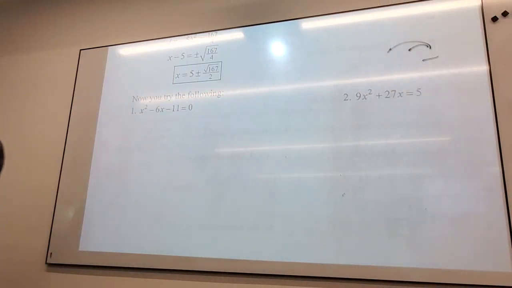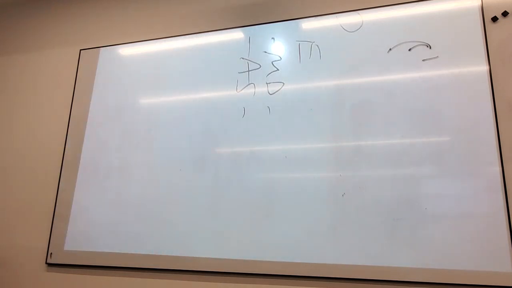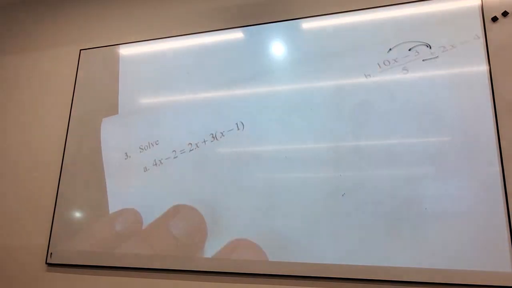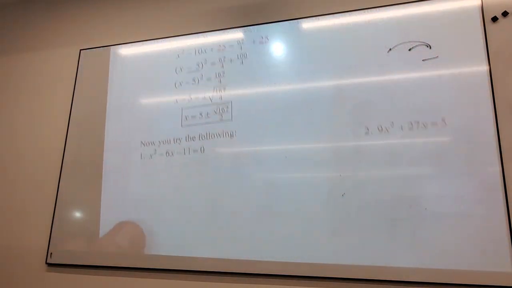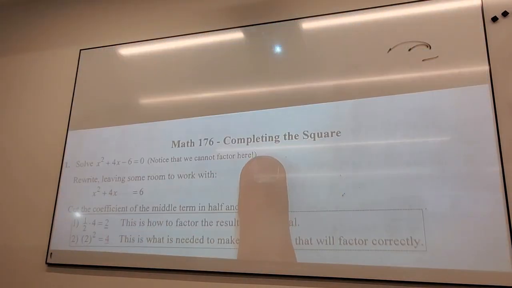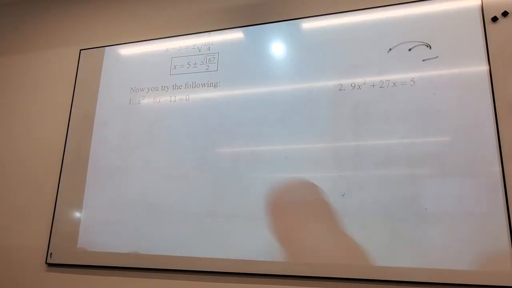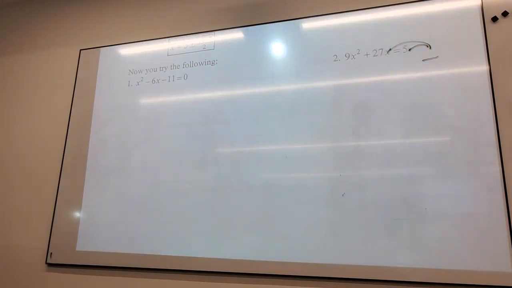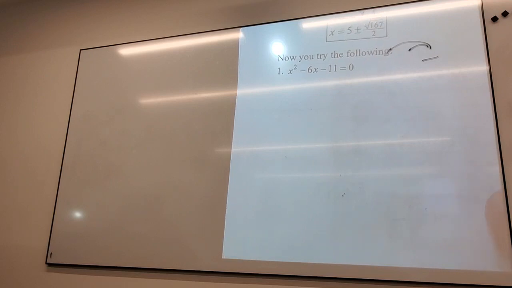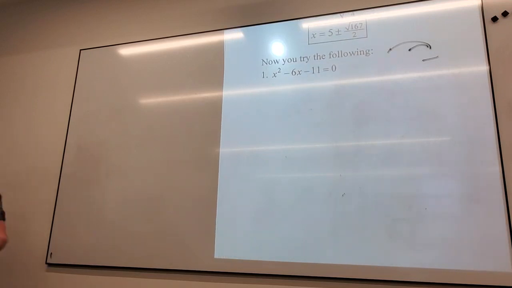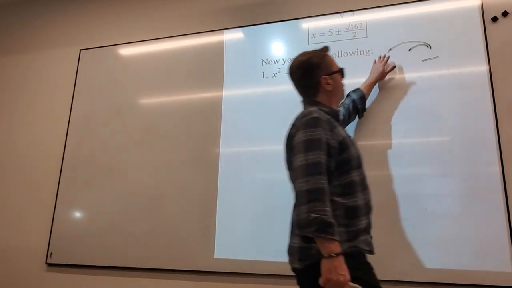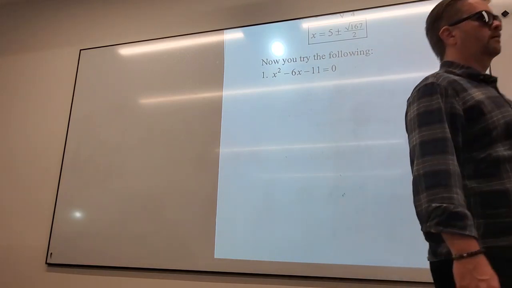I found it on the floor. Do I have one left for me? This one I gotta keep too. It's the one that says completing the square on one side. Oh, yeah, okay. So number 1. Okay. I'm looking at the wrong side. There you go.